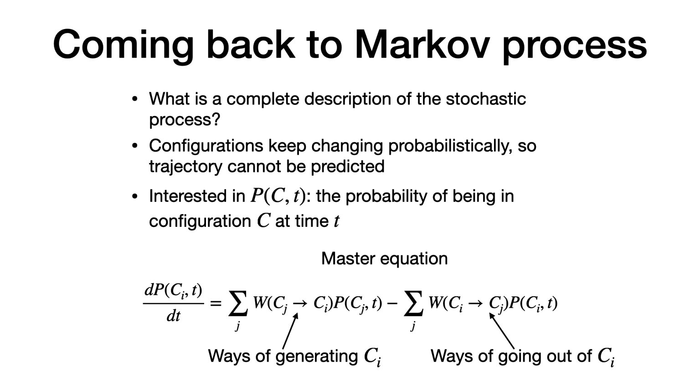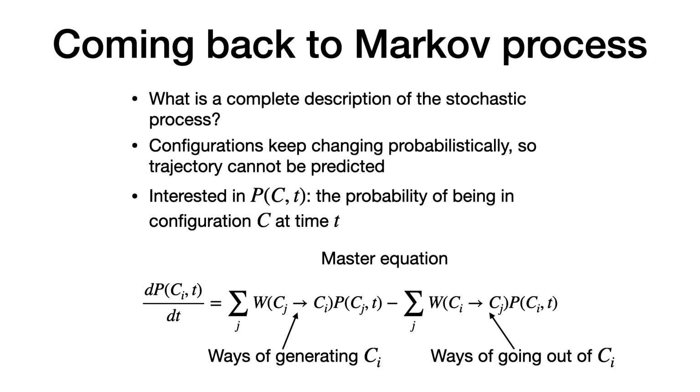Of course, the trajectory will not be answerable, but this quantity captures the maximum information about the system. So what is P(C, t)? Given the dynamics, what is the probability the system is in configuration C at time t? It will depend on the initial conditions, and it will also depend on the evolution rules.